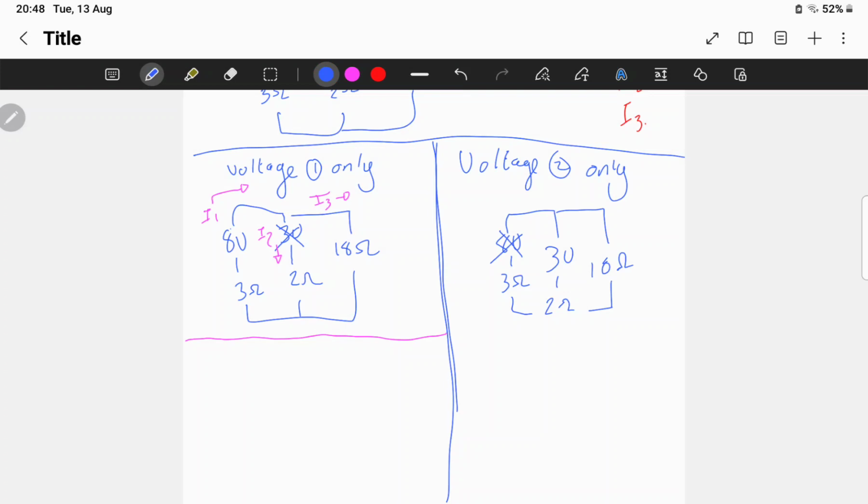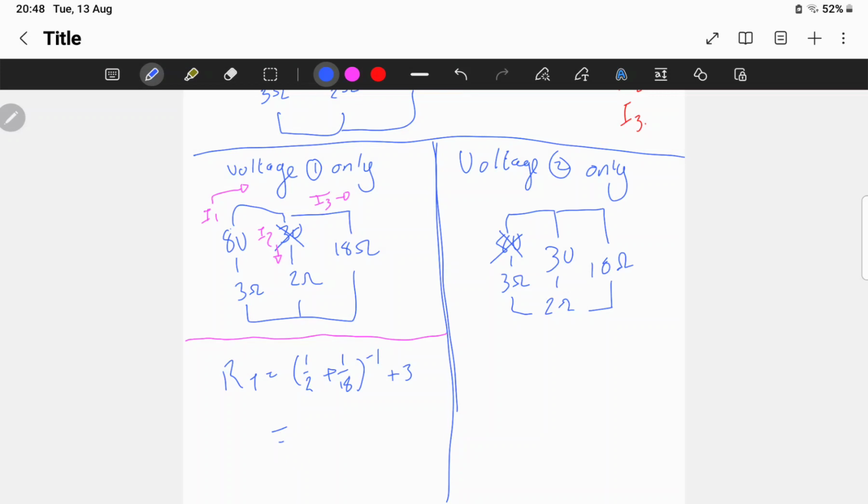To get current I1, I2, I3, first we're going to get the total resistance, right? So total resistance is going to be (1 over 2 plus 1 over 18) to the power of minus 1, plus 3.